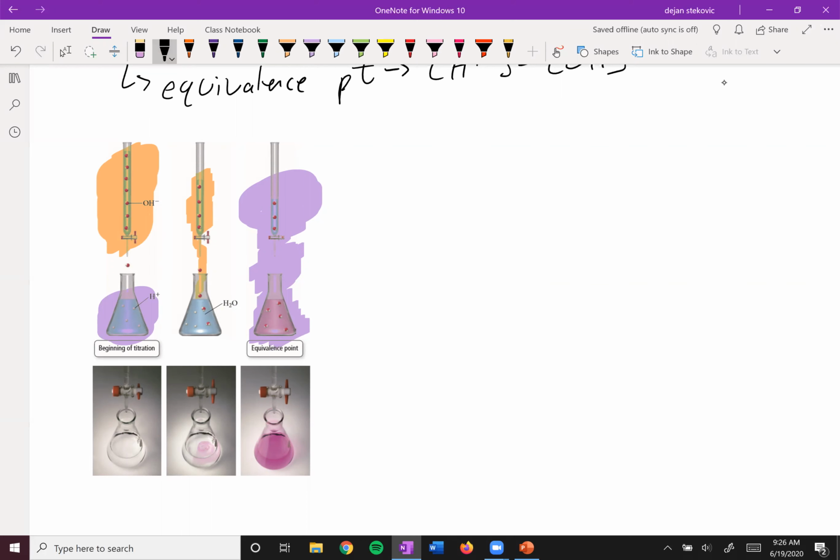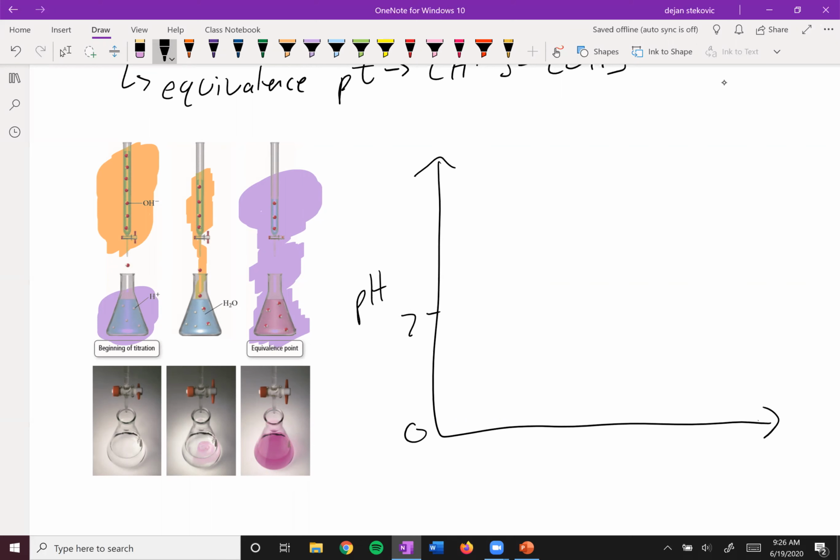So just to give you a look at this, pH would be somewhere around here. So 0, 7, and then 14. In this case, we'd start off kind of close to 0, a strong acid, and then it would just shoot up and then flatten back out because all of this stuff is logarithmic.